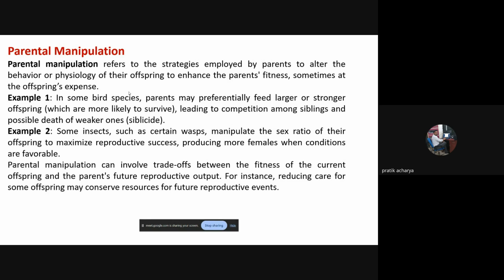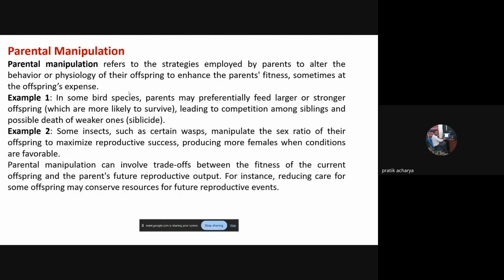Which is known as siblicide. Siblicide simply means when parents choose and provide food to the larger, stronger offspring, there is a competition among the siblings. And the competition leads to what? Leads to the death of the weaker ones. That is the first manipulation category.